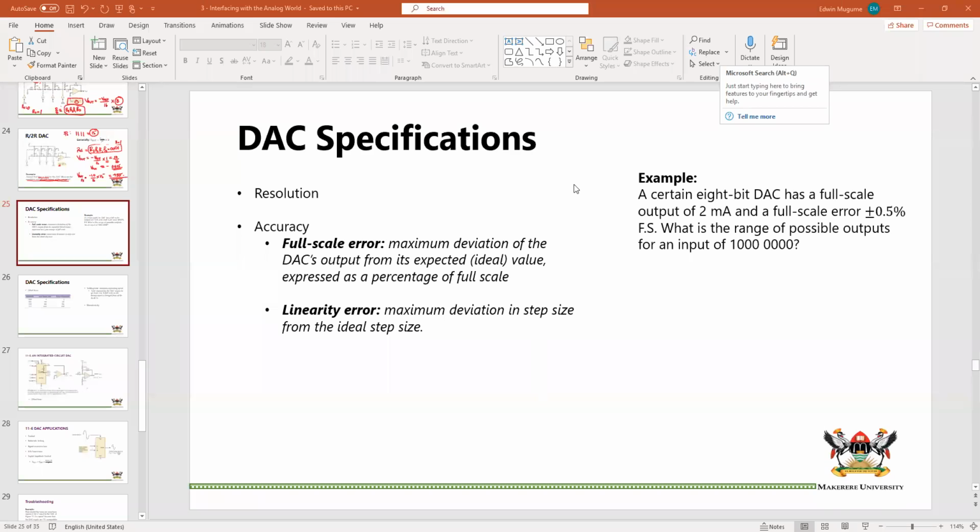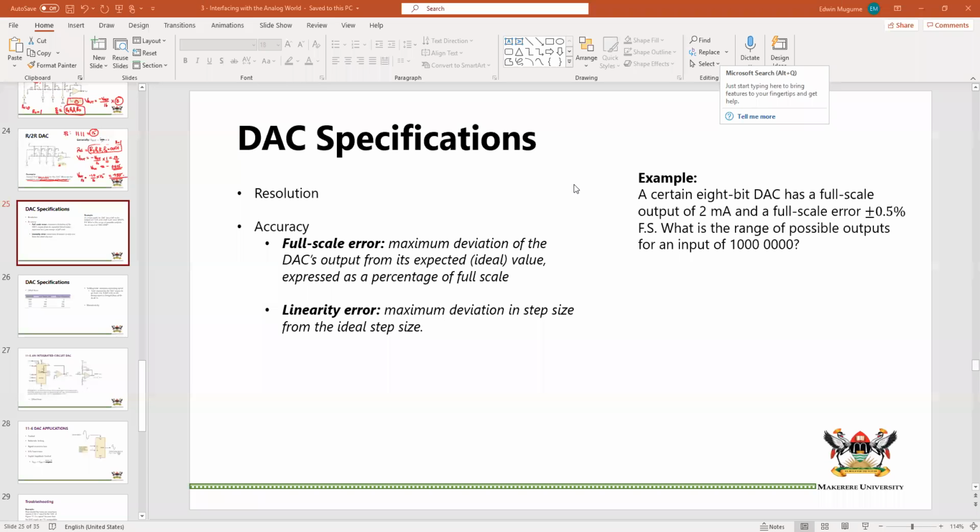Something that we didn't look at was actually the accuracy of the measurements. This is really similar to accuracy of any other measurement device like a meter. If you've done instrumentation, this is not going to be very difficult for you.